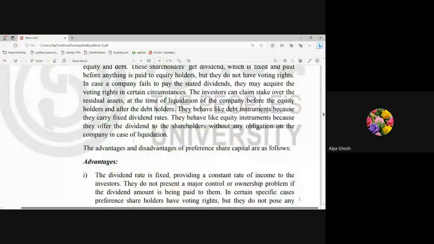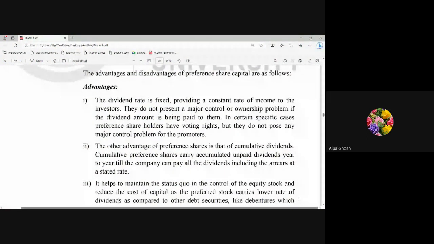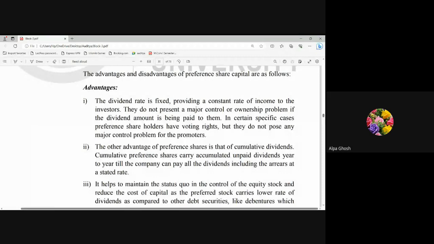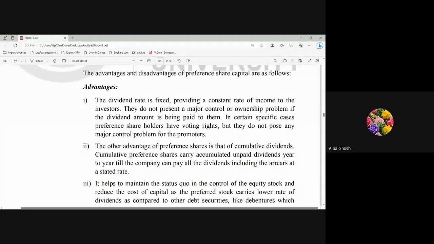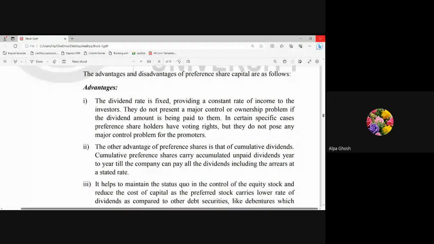Next, we have the third difference. The third difference is related to the voting rights.